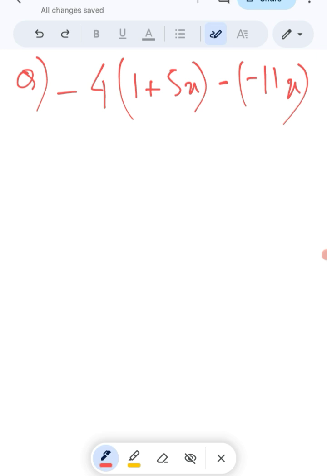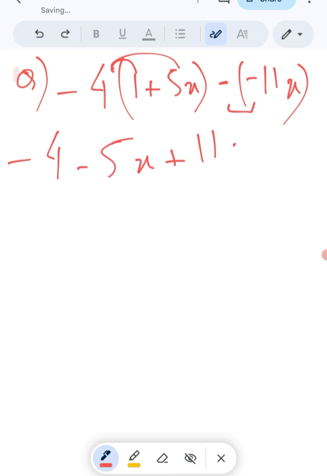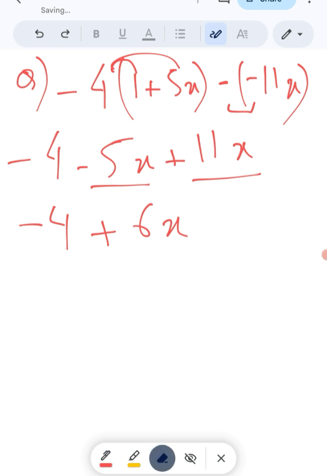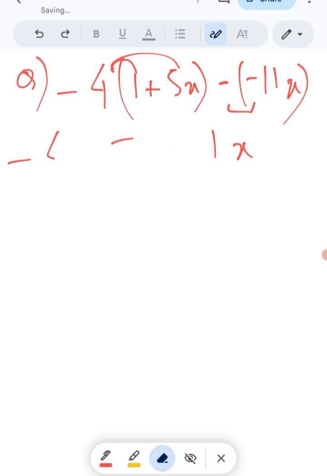So minus 4 will be multiplied with 1 and then 5x. So minus 4 minus 5x. Now minus makes a plus when they are multiplied. So plus 11x. So minus 4 minus 5x plus 11x makes a plus 6x. Now this is going to be your final answer. Let's do one more question.